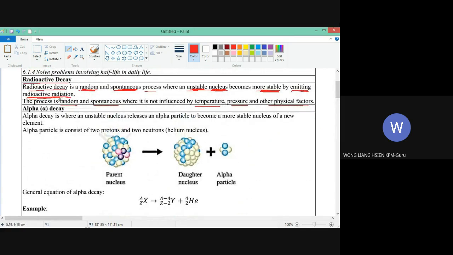Now, let's look at the meaning of random and spontaneous. What does it mean by random? For example, in mathematics, when you learn about probability, the situation is always where there's a box. Inside the box, there are many balls with different colors: a red ball, a blue ball, a yellow ball, a green ball.